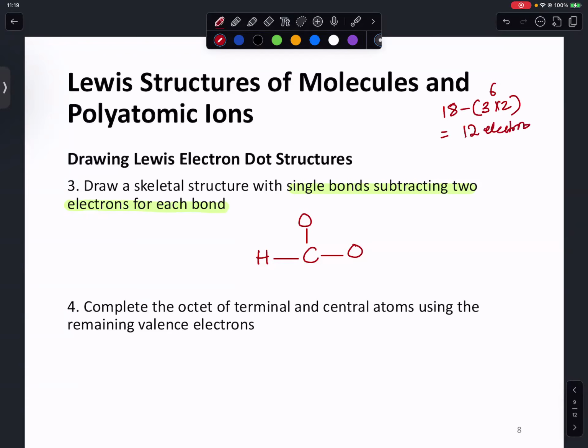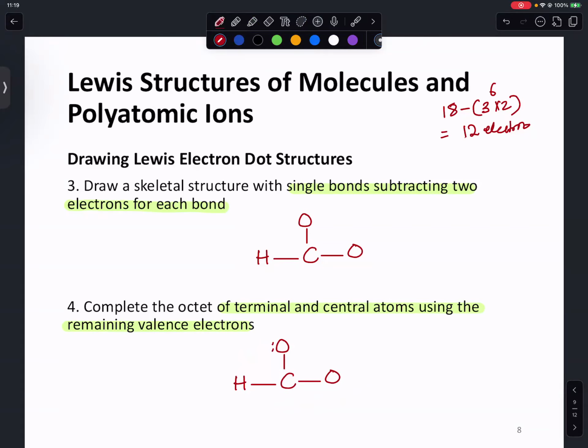All right. Now, before assigning any other type of bonds like double or triple bonds, I must complete the octet of the terminal atoms, and also the central atom if it applies to it, using the remaining valence electrons. So we want to complete the octet for oxygen.